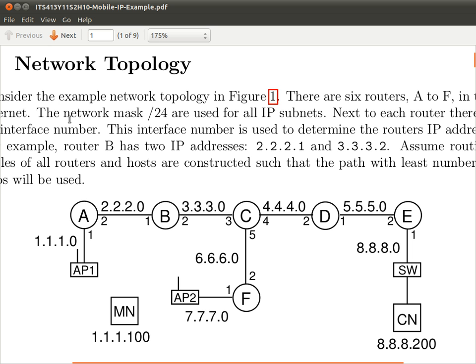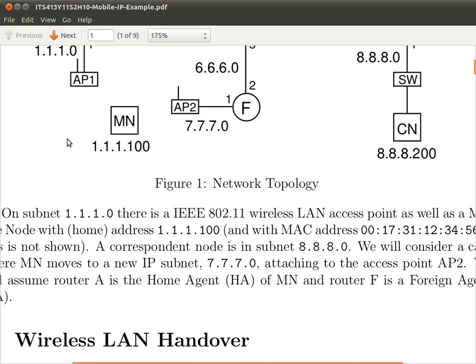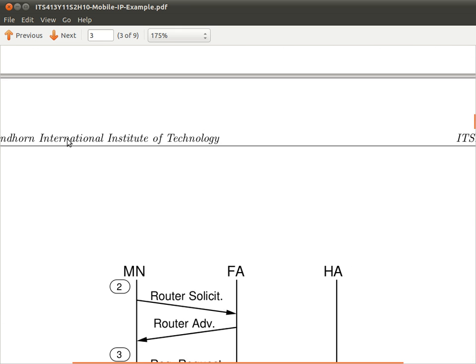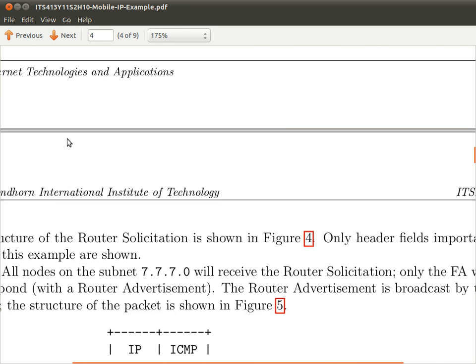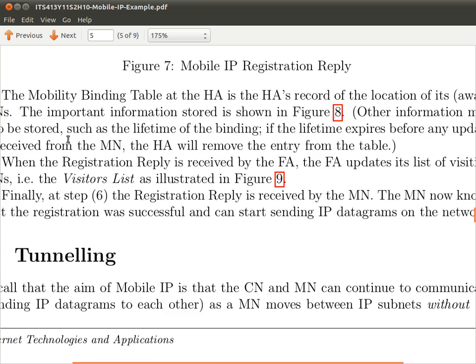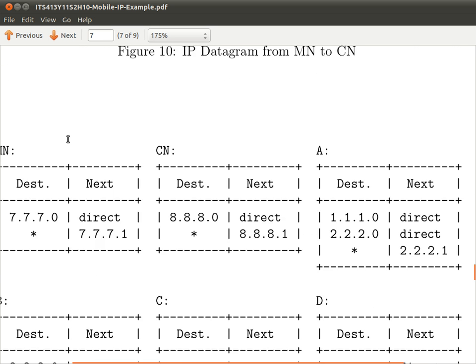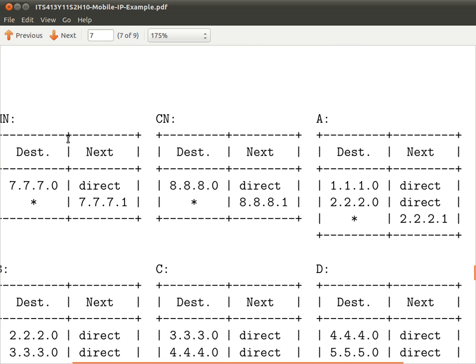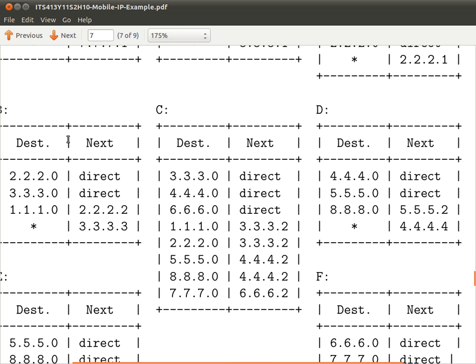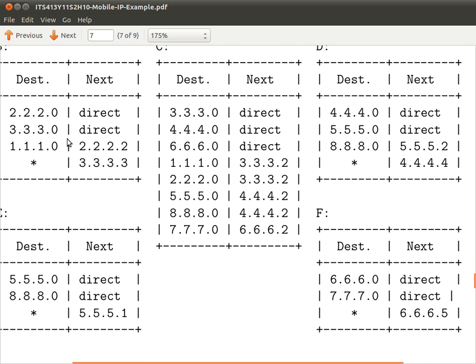In figure 11, let's look at them. I've drawn the set of routing tables for all those routers. And down the bottom is router F. And the simple view of the routing table, to reach this destination, this is the next node in the path.